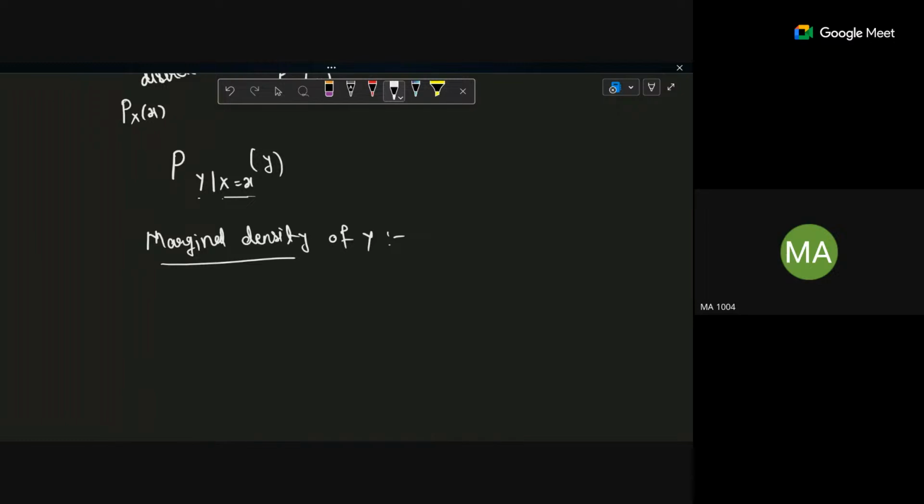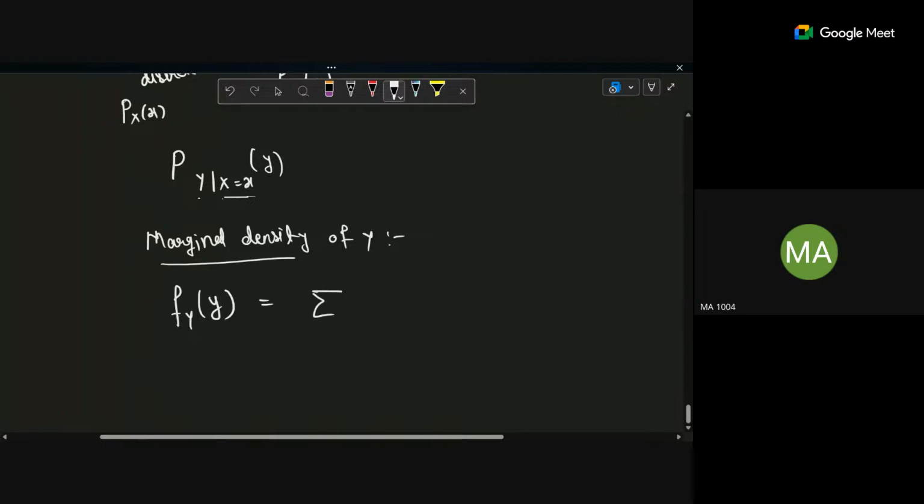How do I define it? The representation will look like this. But how will we calculate the marginal density now? Our x is a discrete random variable, so it will have finite values. Let's say the range of x is some Tx. So the range of x is finite.